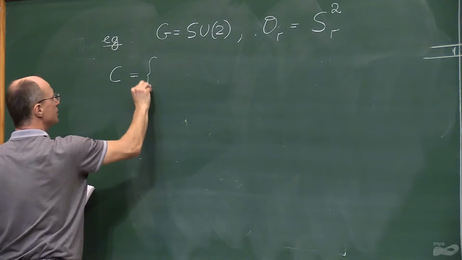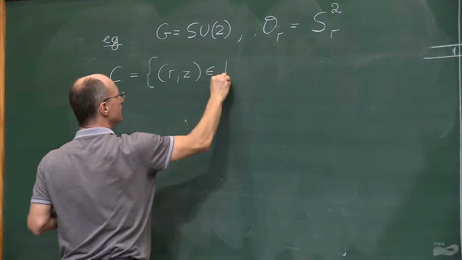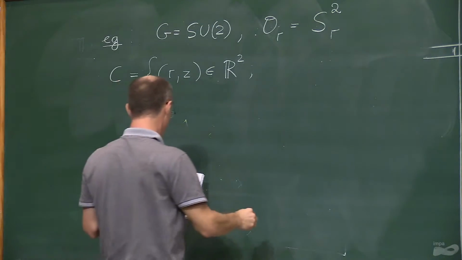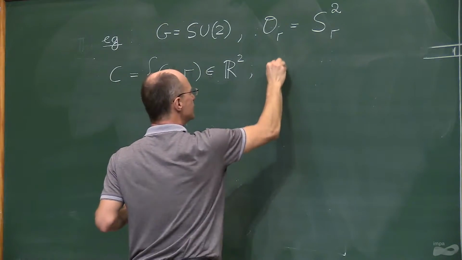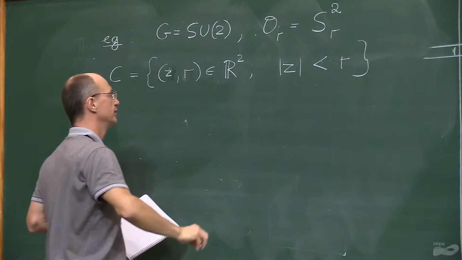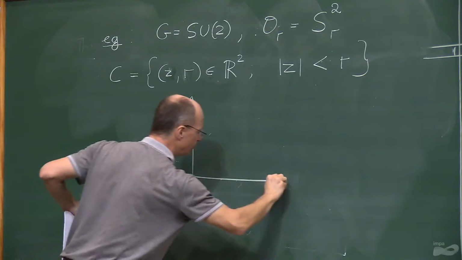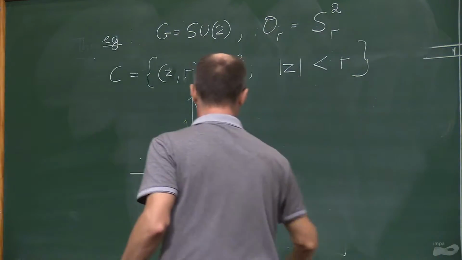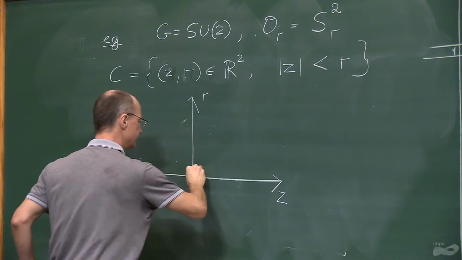So the cone will be the set of points of R2 with coordinates, let me exchange Z and R, such that the absolute value of Z is smaller than R. And this is the simplest instance of the Gelfand-Zeitlin cone. So let me draw the cone. So this will be the Z-axis, and this will be the R-axis.